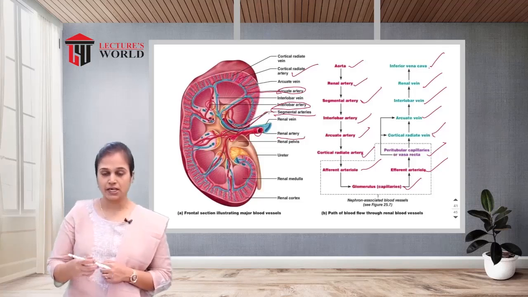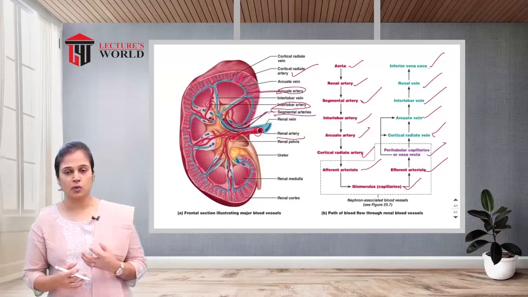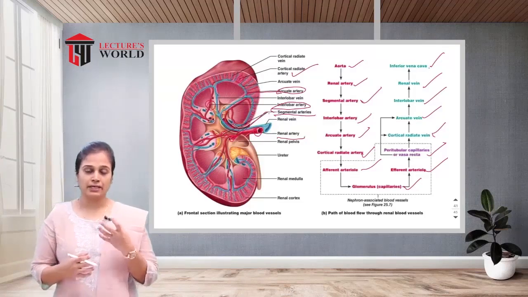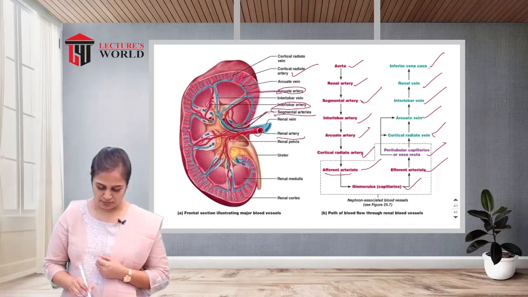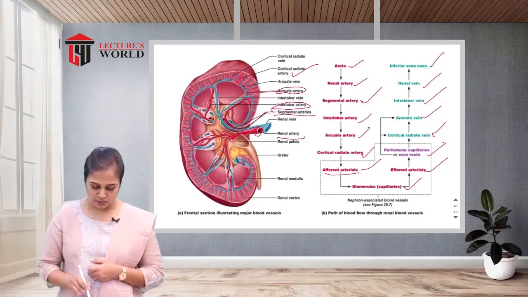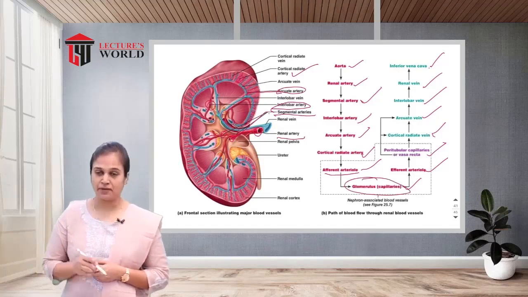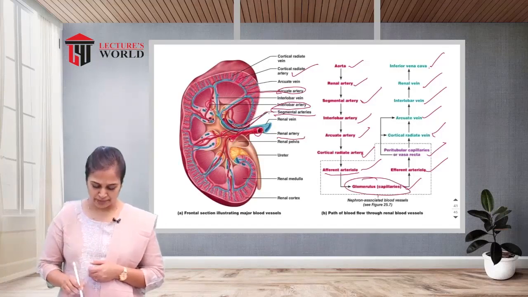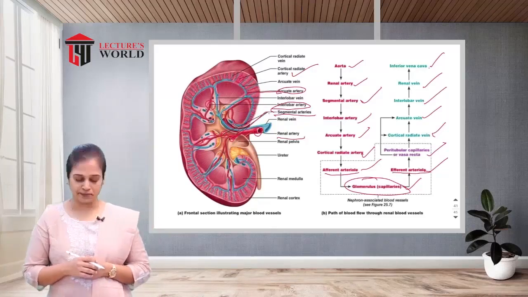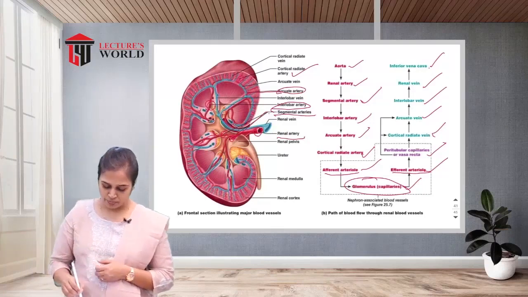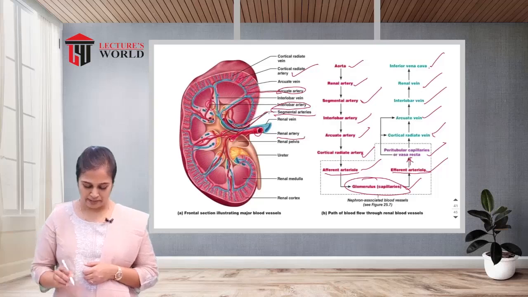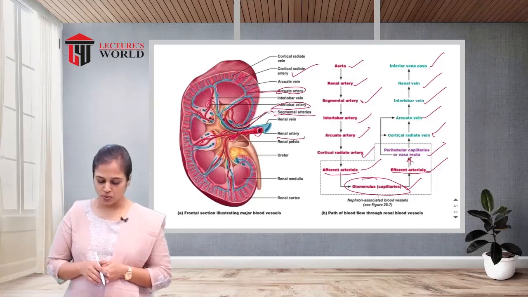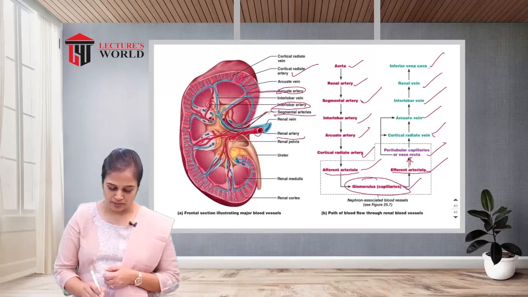From the cortical radiate artery, as we have seen in the glomerulus, it becomes the afferent arteriole. Then it goes into the glomerular capillaries, and from the glomerular capillaries it exits into the efferent arteriole. From the efferent arteriole, blood drains into the vasa recta, and from the vasa recta it goes into the cortical radiate vein.